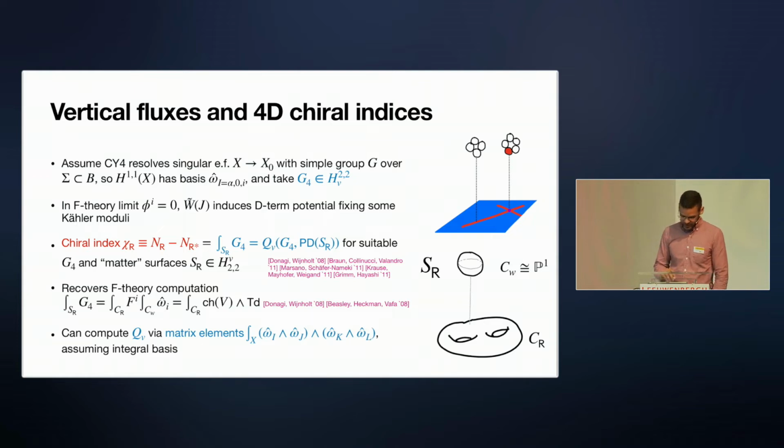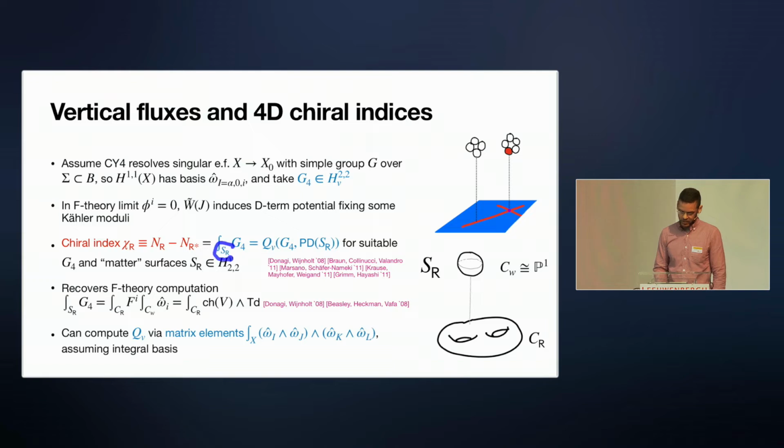So in the F-theory limit, there are some consistency conditions, namely that there's a D-term potential that's generated, and this, in principle, fixes some of the Kähler moduli. So if I assume unbroken gauge symmetry and that all of these consistency conditions are satisfied, I can compute the chiral index associated to a representation R that's charged under the gauge group G. The chiral index is just the number of chiral multiplets minus the number of antichiral multiplets. And this can be given by an integral of G4 over a so-called matter surface.